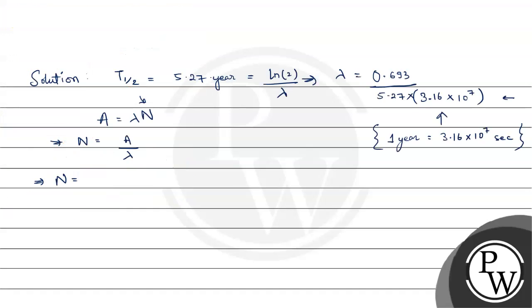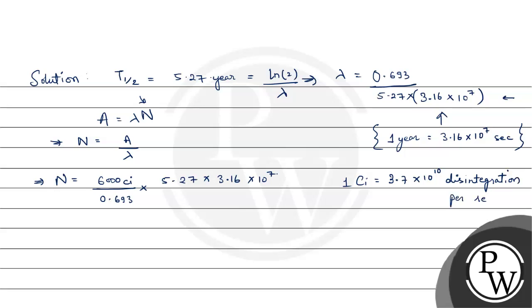So we will put 6000 Ci upon lambda, which is given to us as 0.693 upon 5.27 into 3.16 into 10 to the power 7, and we know that 1 Ci is equal to 3.7 into 10 to the power 10 disintegrations per second. So we will substitute it here, for 1 Ci.